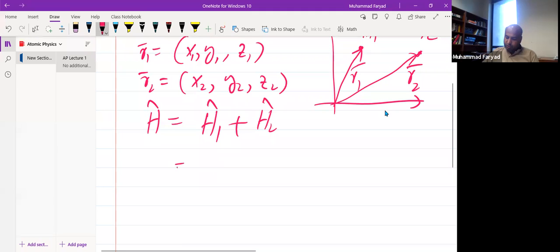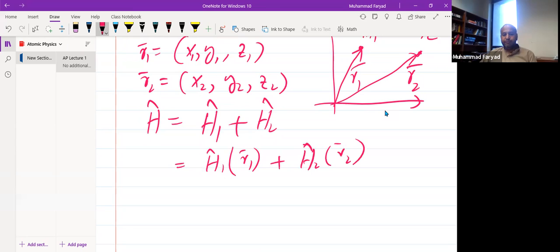H1 is a function of R1 only, and H2 is a function of R2 only. Since there is no interaction, there is no term that depends on both R1 and R2.